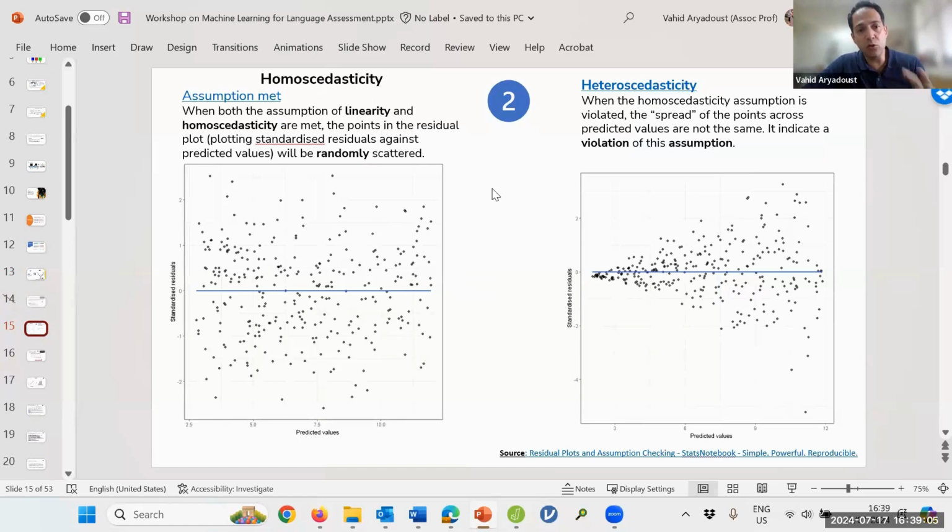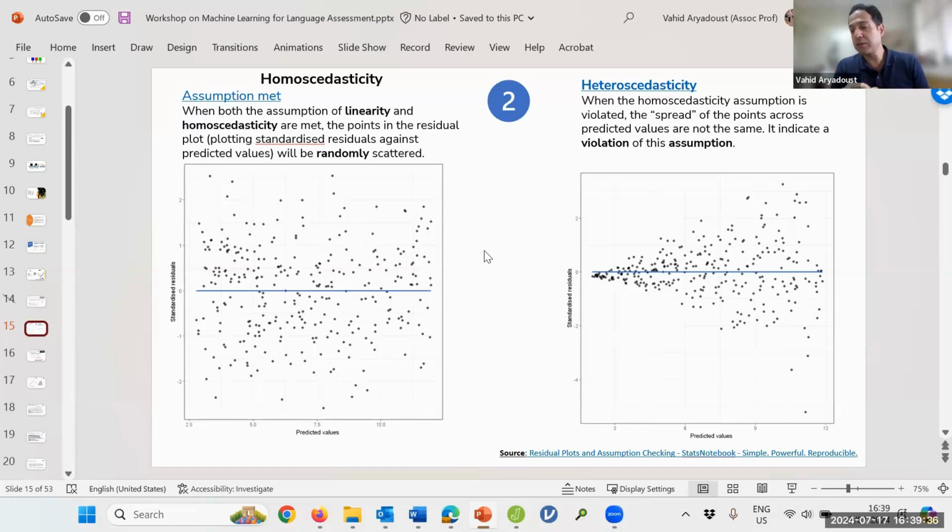Homoscedasticity can also be examined on the same graph which we were looking at, in which you plot predicted values against standardized residuals, pretty much like what we did. So the evidence that was presented before not only supports the linearity of your data, but also the homoscedasticity of your data. That's a good thing.